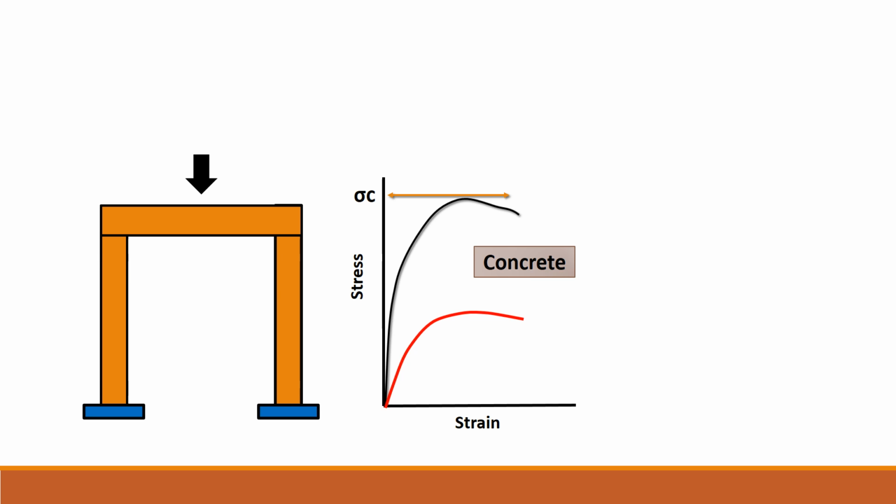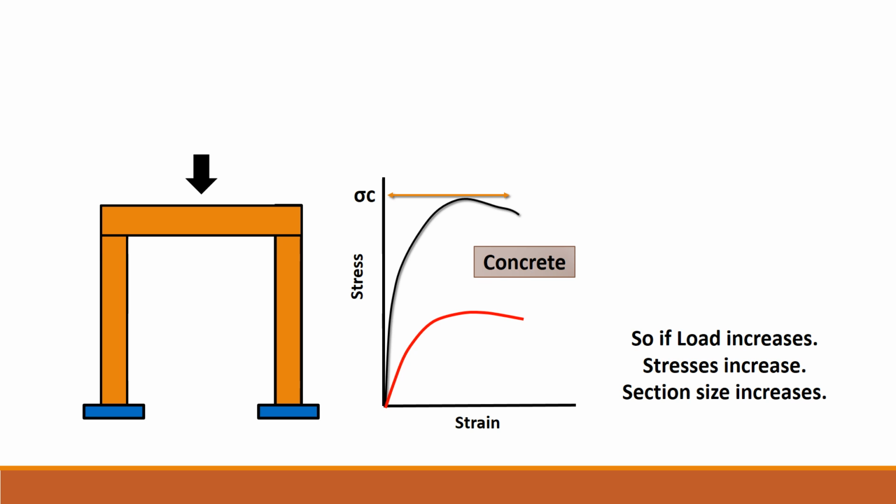So, if the load is getting increased, stresses are increasing, the section size is also increasing, the mass of the structure is increasing, and there is one more thing that's happening at the same time, that is that the stiffness of the structure is also increasing as we make it more and more dense and larger in dimension. Thereby, this method would have limitation.